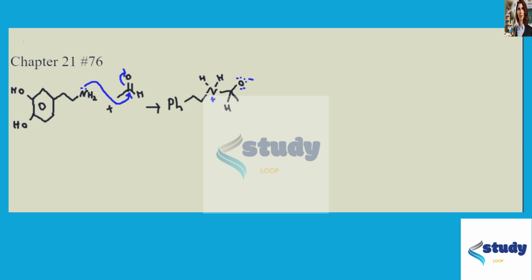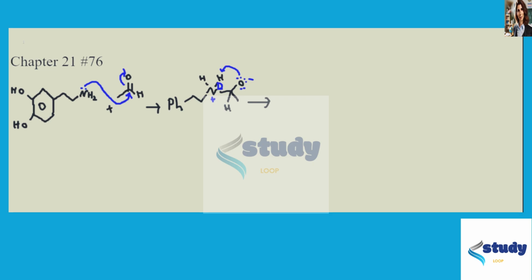Okay, and so from there, we can alleviate both of those charges by doing what would formally be a proton transfer. So just for ease, we can write it looking like this. It's probably instead going to involve deprotonation of the nitrogen and then protonation of the alcohol, or vice versa.